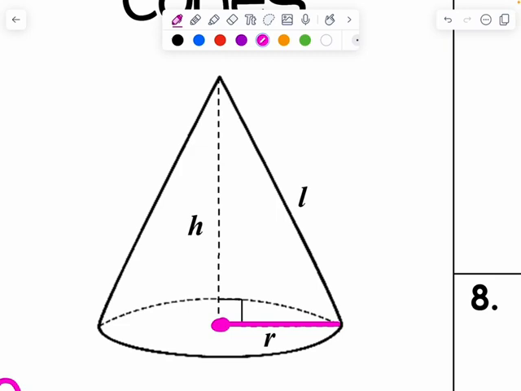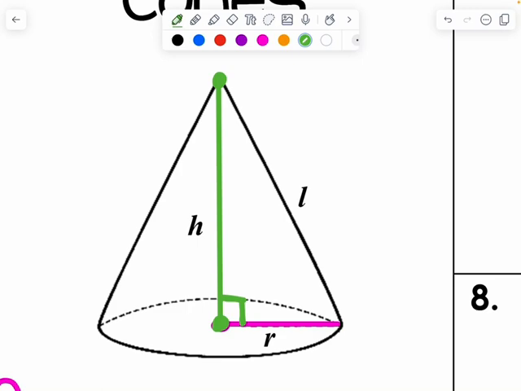Okay, you'll still want to look for the radius that way, but our height, we are going to look for the perpendicular line that goes from the vertex of our cone to the center of our circle. Okay, so there's that 90-degree angle that we need to look for.